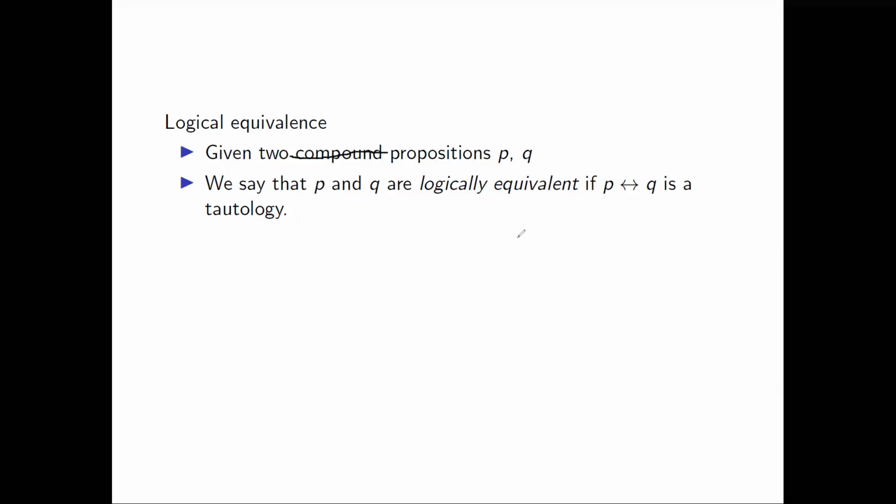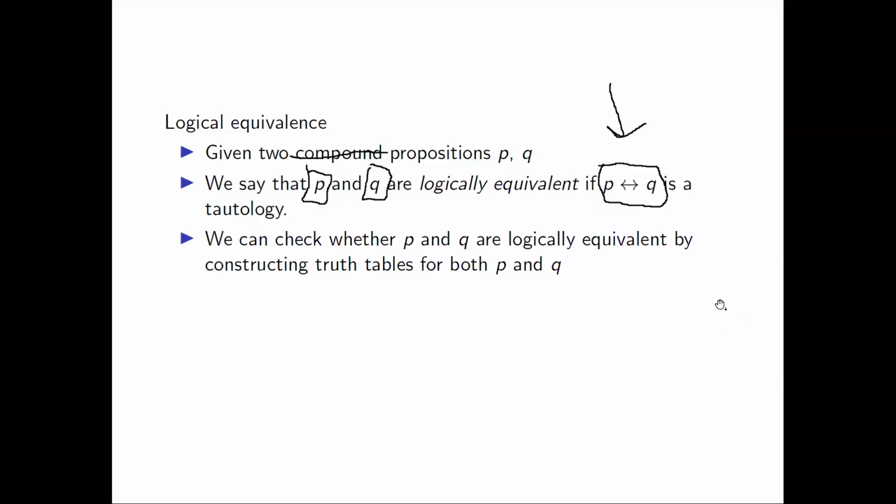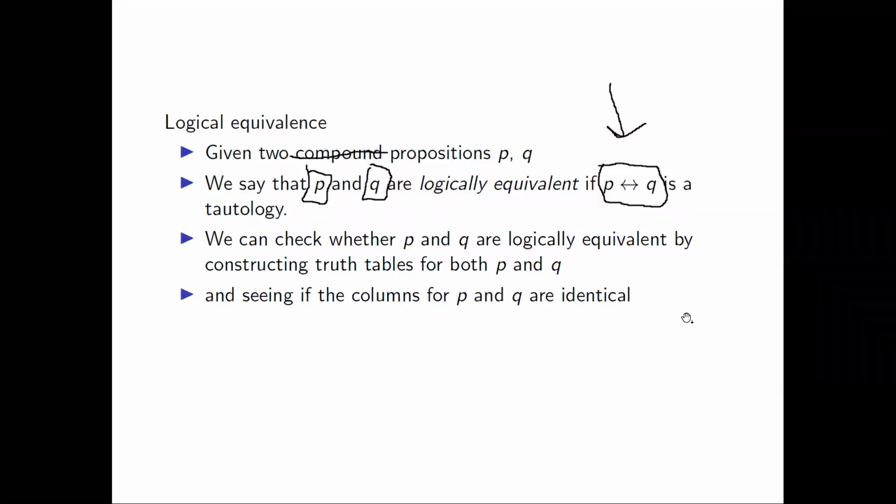So if we want to check whether or not two propositions are logically equivalent, we just need to check whether or not this proposition right here is a tautology. We can actually do it in an even simpler way. We don't even need to write this one out right here. We can just do a truth table for P and a truth table for Q. And we can see if the columns that we get at the end are identical.